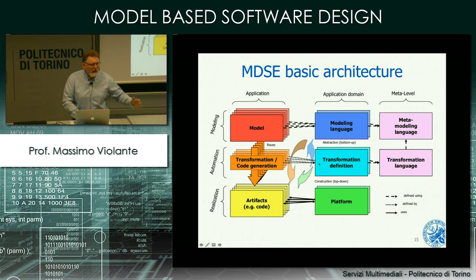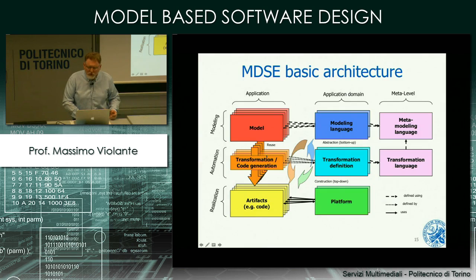Do we want to generate documentation? Then the model will be translated into a Word document with all the needed information to document your design. Do we want to generate software code?